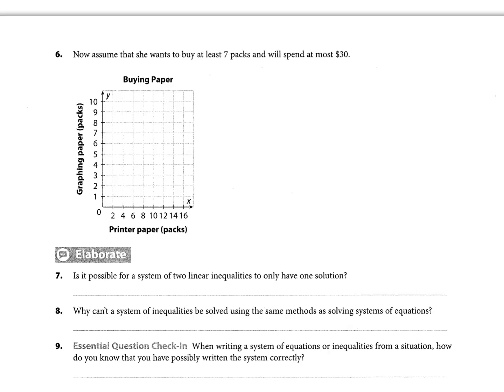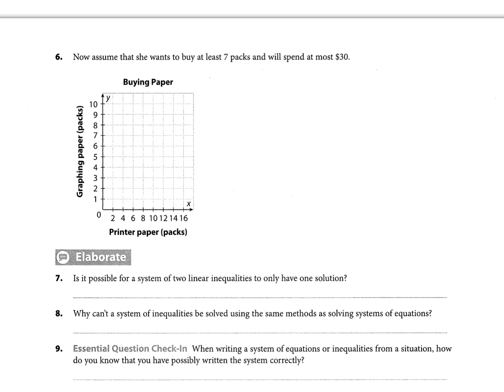Now assume she wants to buy at least 7 packs. So the x plus the y has to be at least 7. And then the $2 for the printer and the $3 for the graphing has to be at most 30.